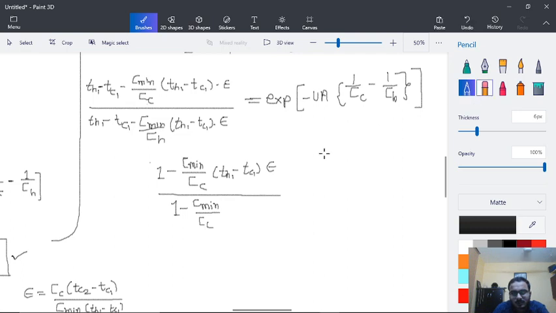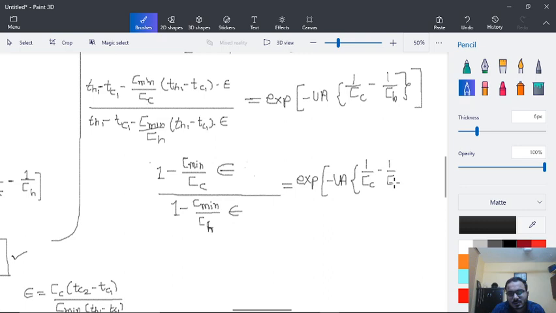Here this is not present, so here we will only have epsilon. And here also we will have, this is the value of Ch into epsilon is equal to exp into minus UA into (1 upon Cc minus 1 upon Ch).